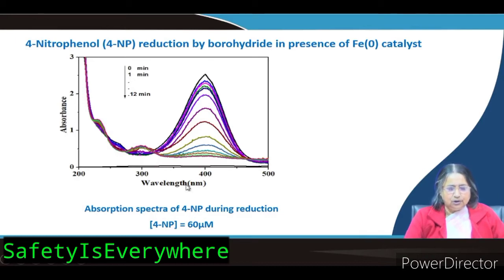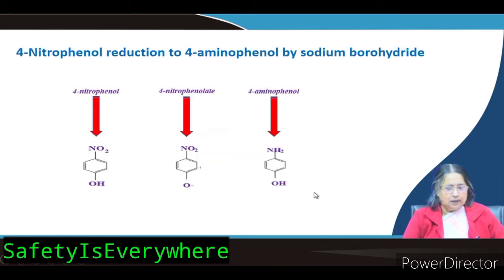So, with 4-nitrophenol, what we are doing actually is reducing the nitrophenol to aminophenol. This is reduction, the nitro group is coming to the amino group. So, we are reducing nitrophenol to aminophenol. This can be done by hydrogen gas, zinc HCl, which produces hydrogen gas, or we can do it by a strong reducing agent, borohydride.